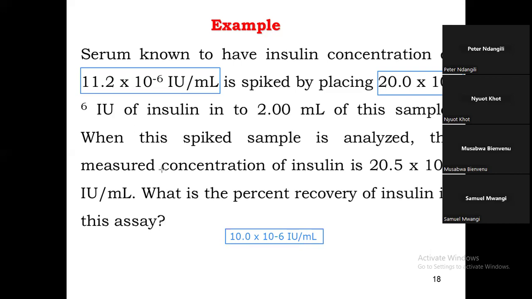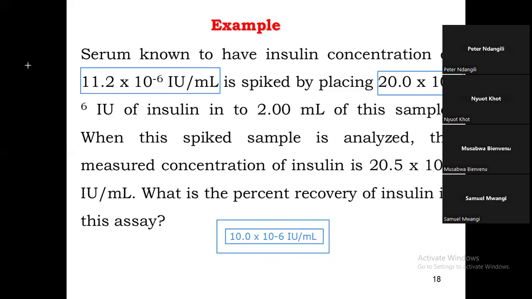What we are sure of is this, that before we spiked, there was 11.2 times 10 to the power negative 6. After spiking, we were able to detect 20.5 times 10 to the power negative 6. So the question is, how much of this concentration that we spiked are we able to detect?